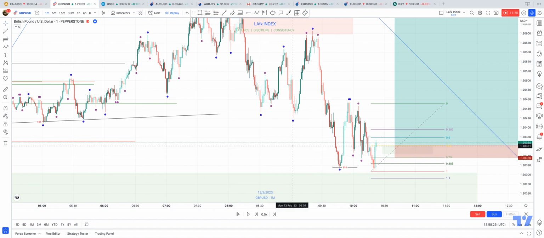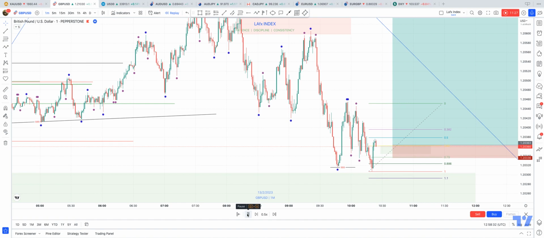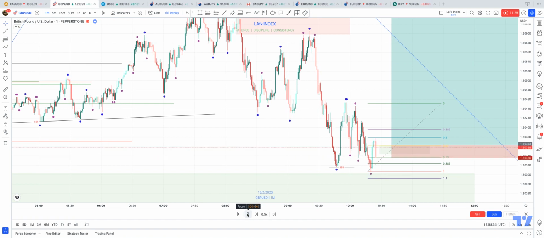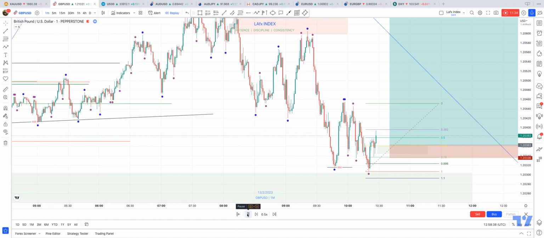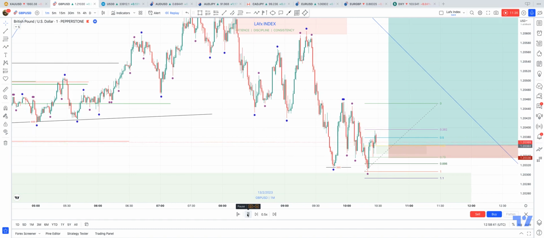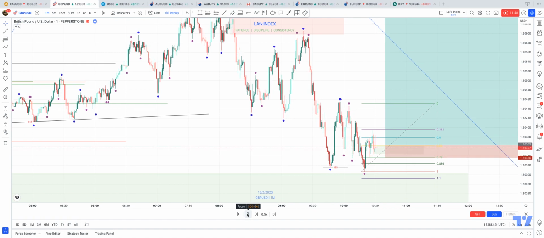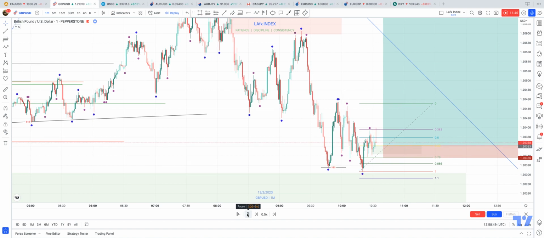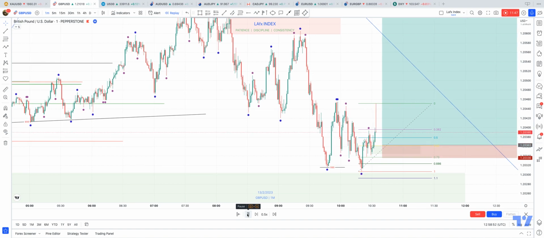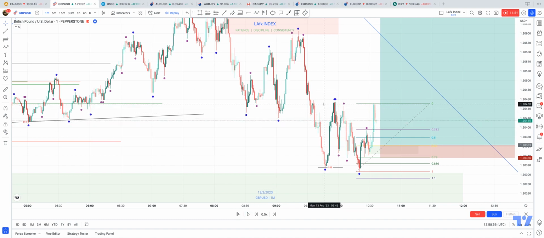So we're still looking at price. We just need a break to the upside. Then we can look for confirmation. Okay, we have a break right now.